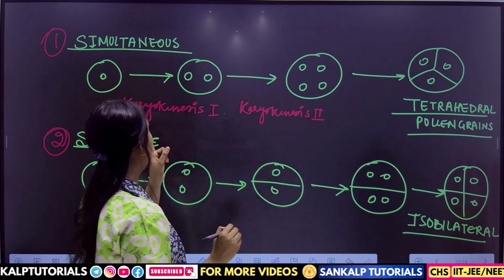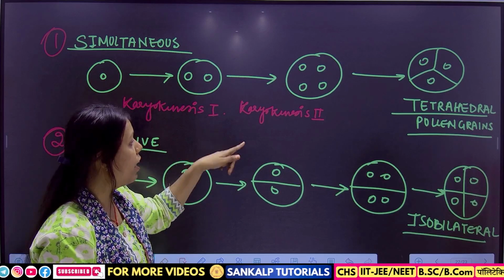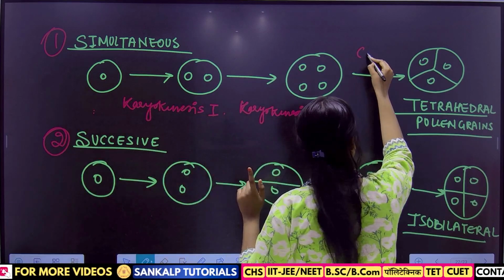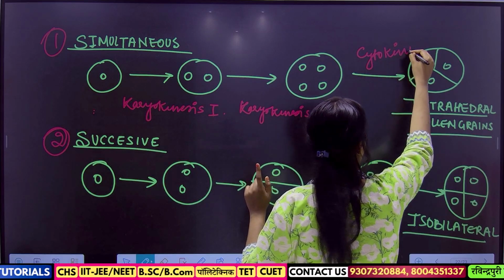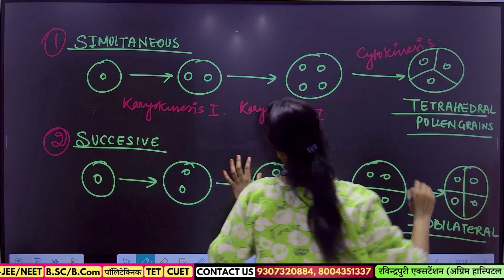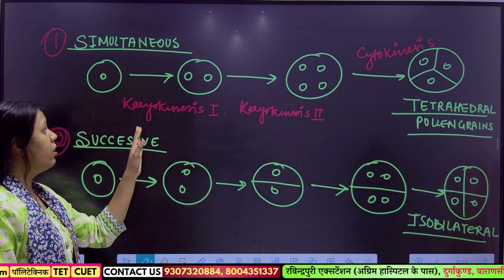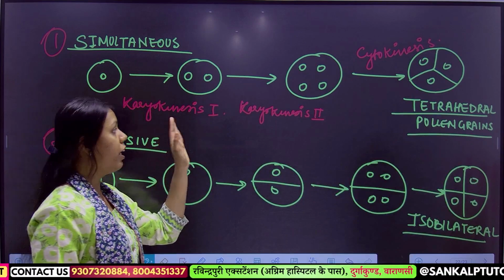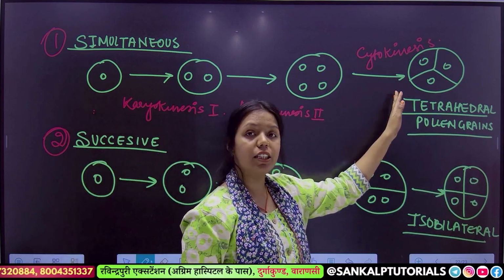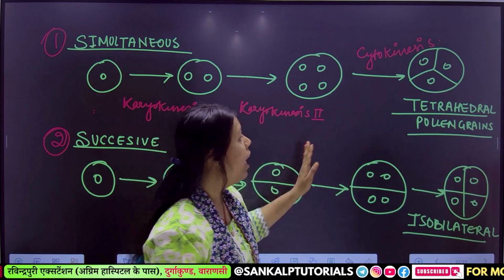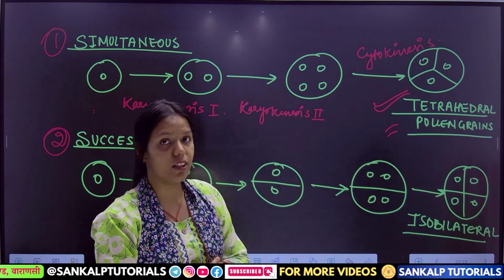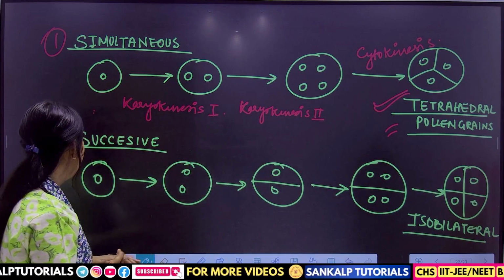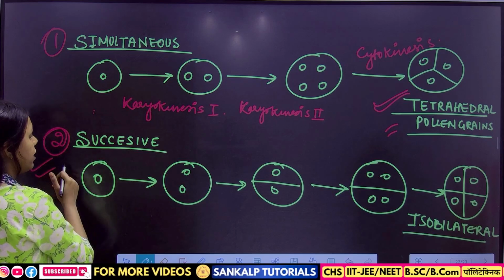After the completion of karyokinesis 1 and 2, cytoplasmic division takes place, that is cytokinesis, and tetrahedral pollen grains are formed.